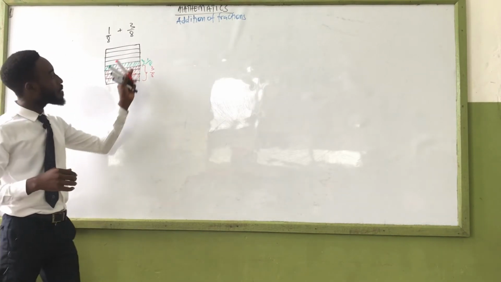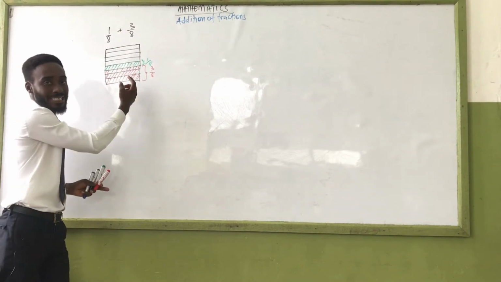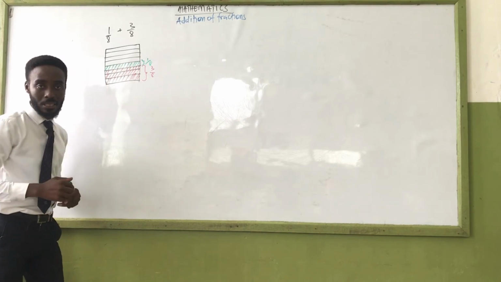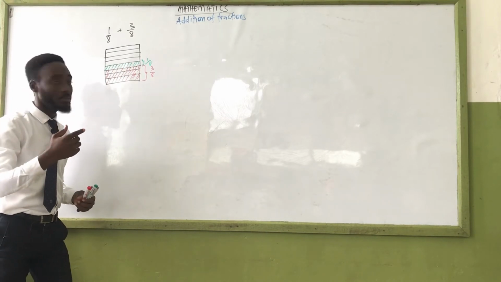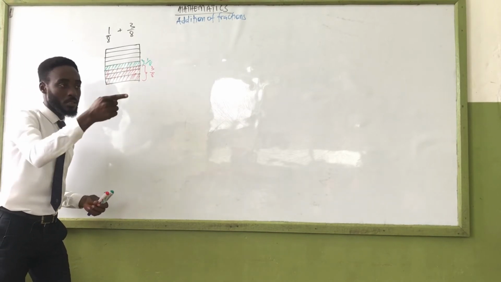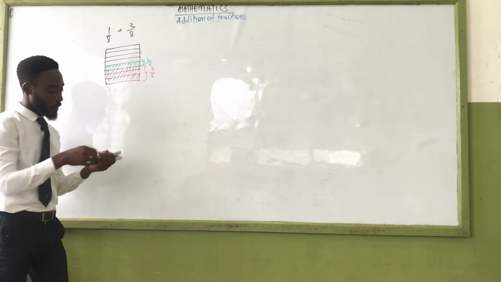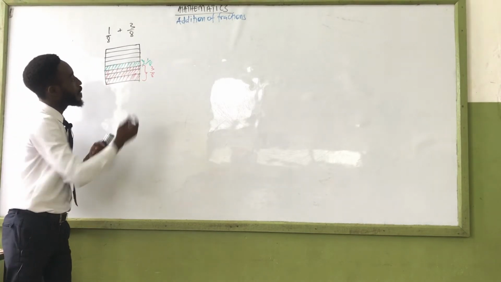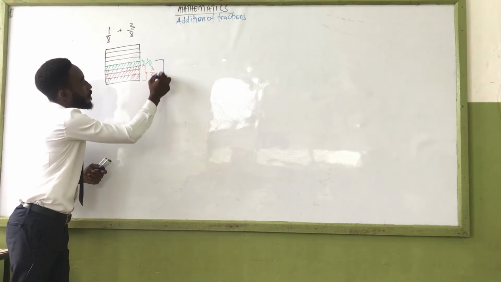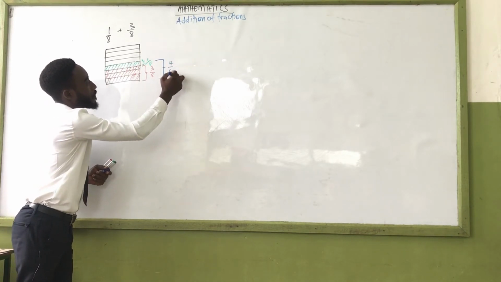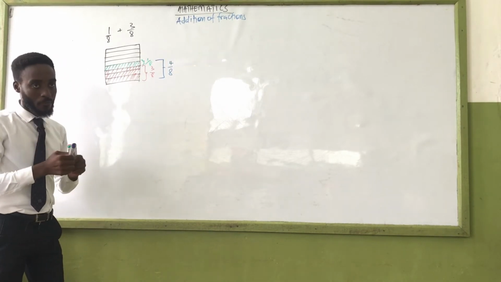Okay, if we should add both the red and then the green, what do we get? Giovanna? We would have 4 out of 8. So 1, 2, 3, 4. So we would have 4 out of 8. Are we following?